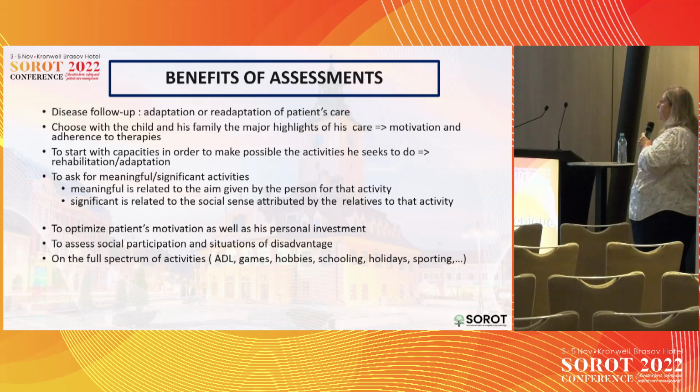Because it's very good to adapt or readapt patient care, to choose a major highlight of this care, and to choose with the child, with the family, and with the adult, to see what is possible, what he wants to do, what the family wants to do. So it allows us to optimize the patient's motivation and personal investment.